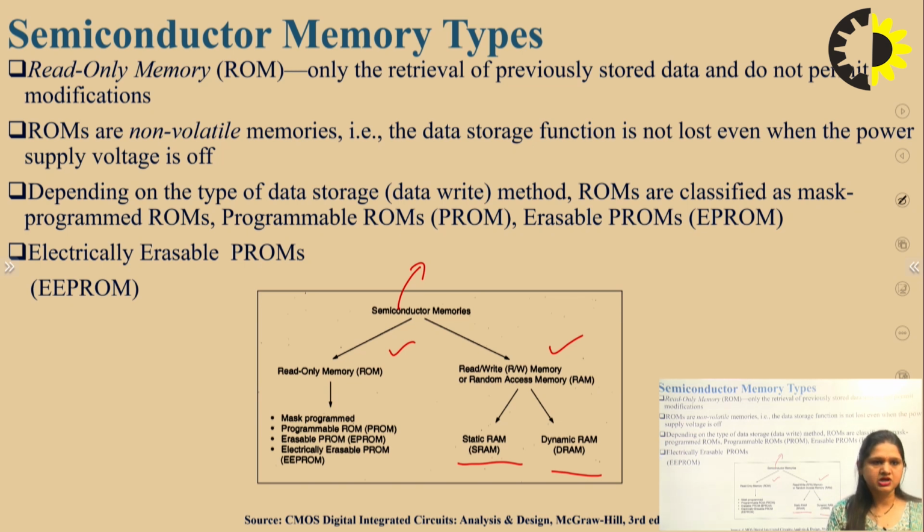We require only a refresh cycle. We have to refresh it periodically so that the leakage issue of the capacitor can be handled, but there is no need to permanently switch on the supply. So in static there is no need to refresh, but in dynamic we additionally require some refreshing mechanism.